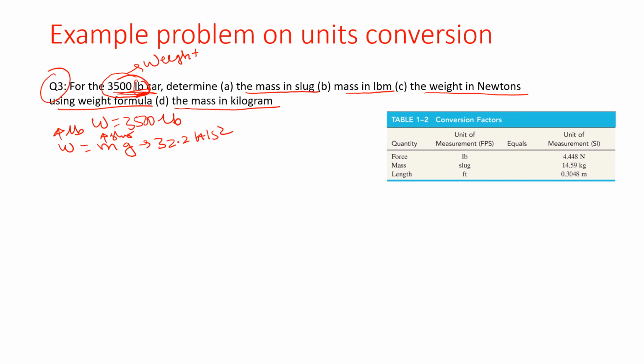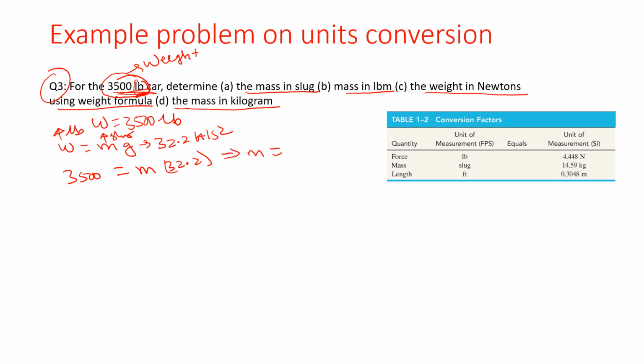So here the weight is given to be 3,500, and the mass in slug is what you need to calculate, and then you have acceleration due to gravity, 32.2, and you get the mass.